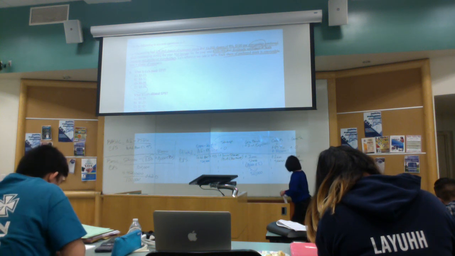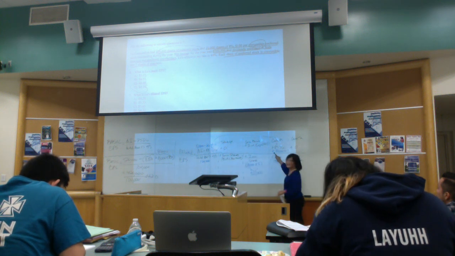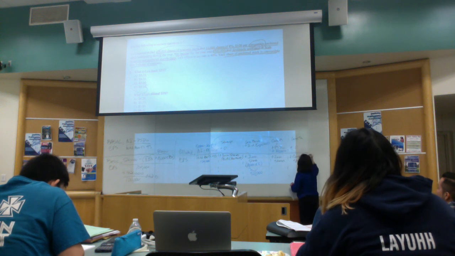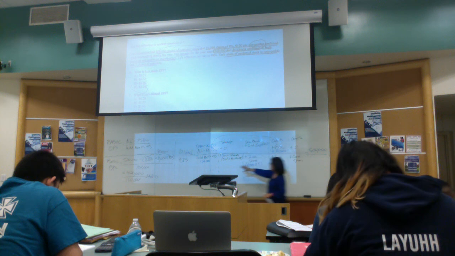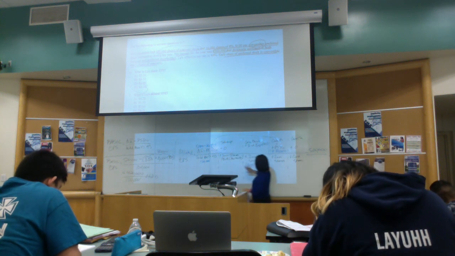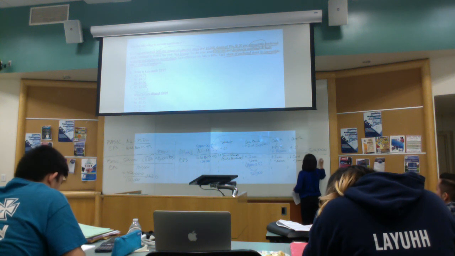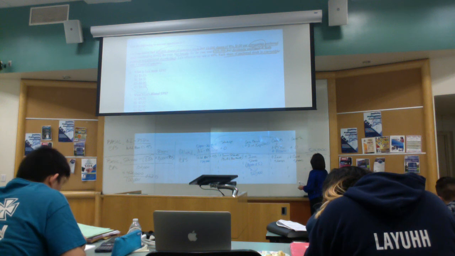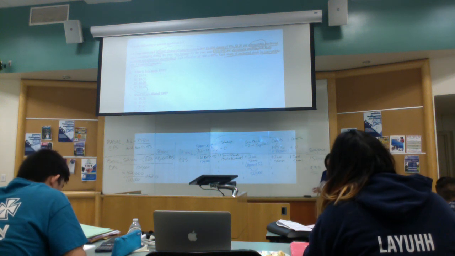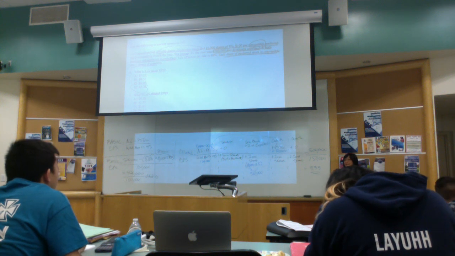So then, if we add across, 500 minus 80 plus the 80 gives us 500. The 100 plus the 50 gives us 150. So that gives us 3.33. So it's going down, it's dilutive.